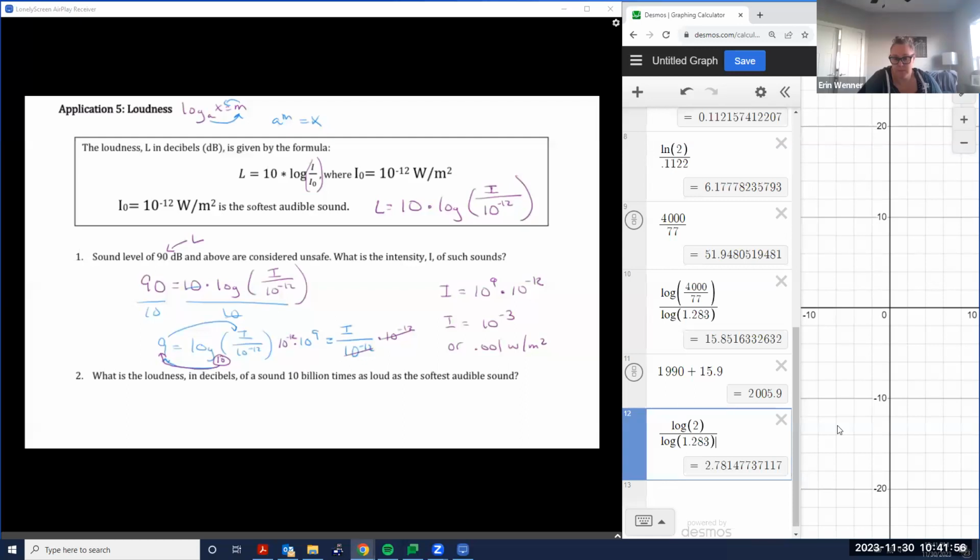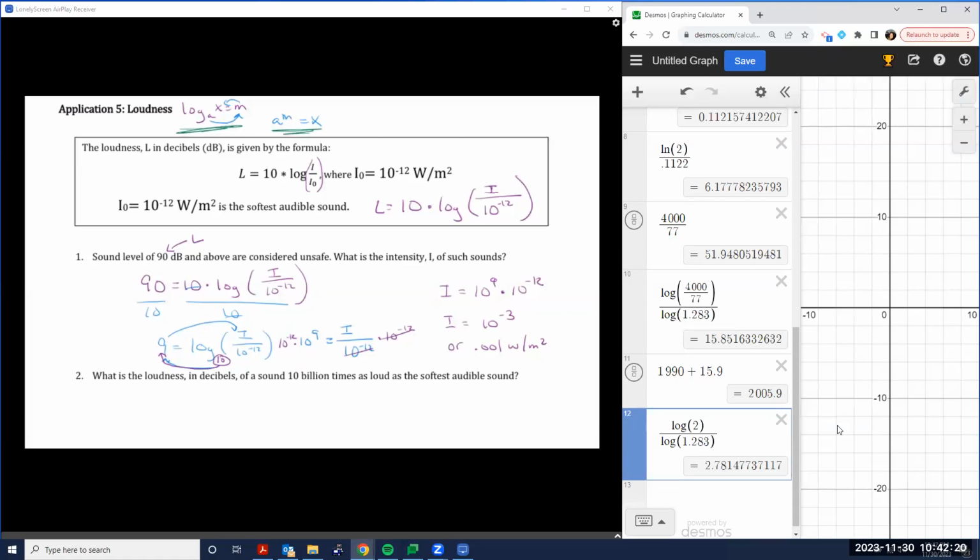When you have it in logarithmic form and you're trying to put it in exponential form, that's how you would go through that process. So to go from this format to this format, that's the process I use, right? Oh, okay.